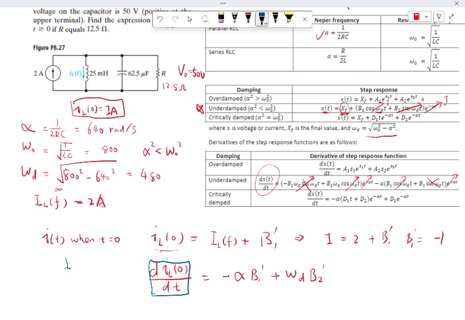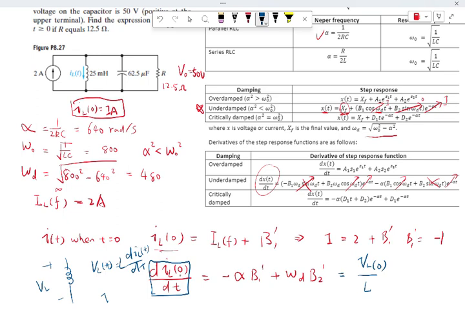If you're familiar with the definition of the capacitor and the inductor, the voltage across the inductor is equal to L diL/dt. So diL/dt just equals VL over L. And we are talking about the initial voltage, right?